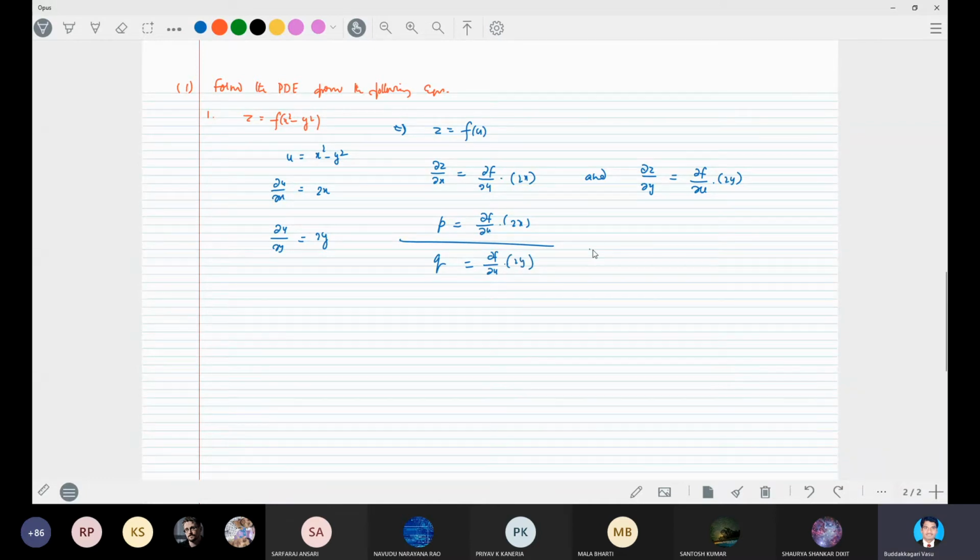So that implies p by q is equal to x by y, or y into p minus x into q is equal to 0. This is the required PDE of order 1, right? Sir, the minus 2y, sir.